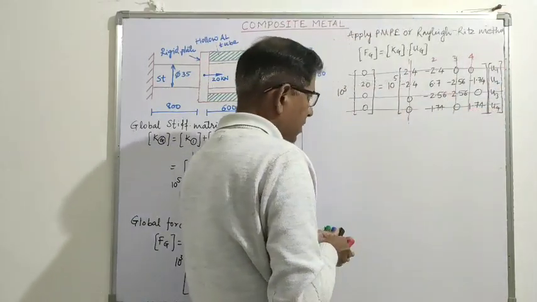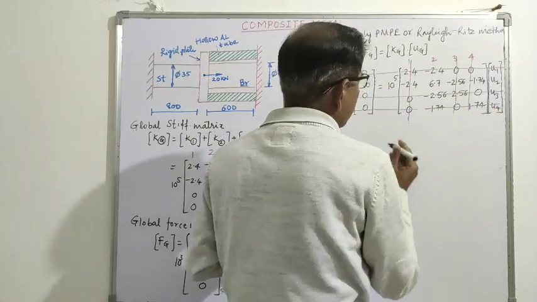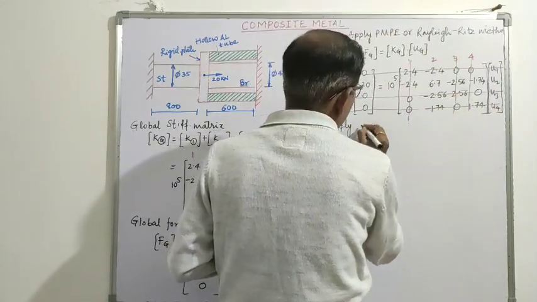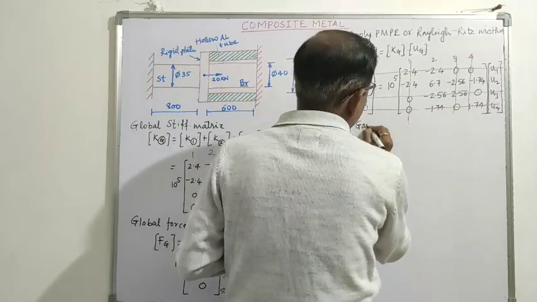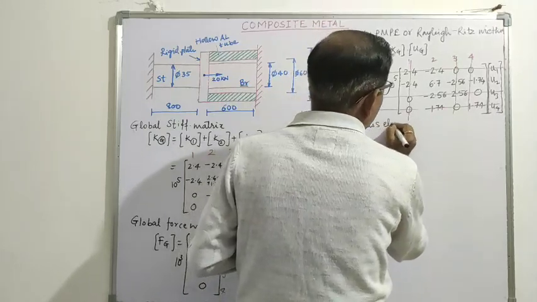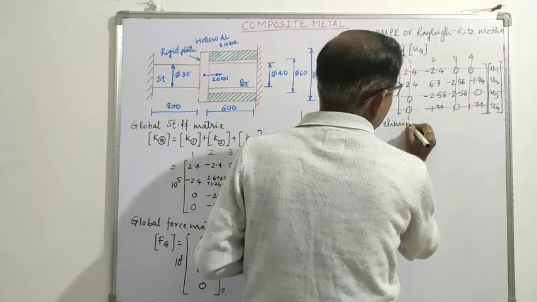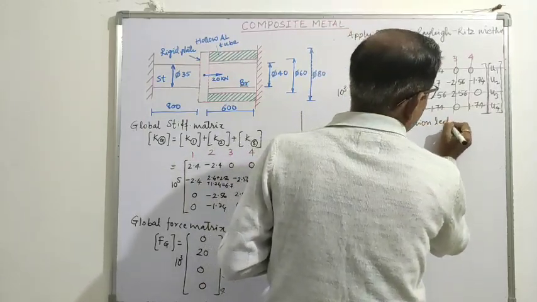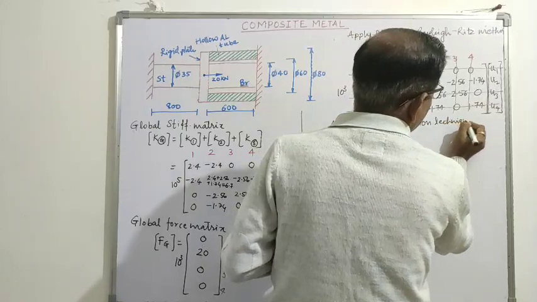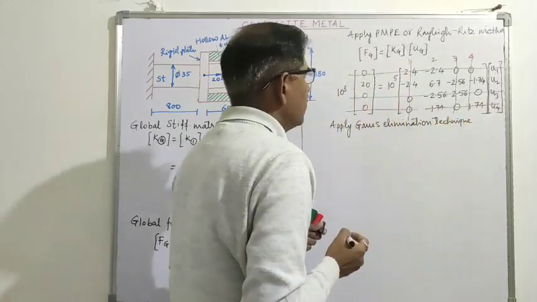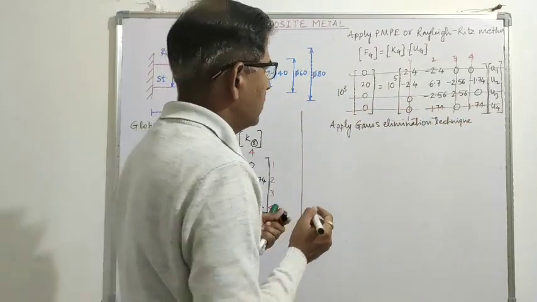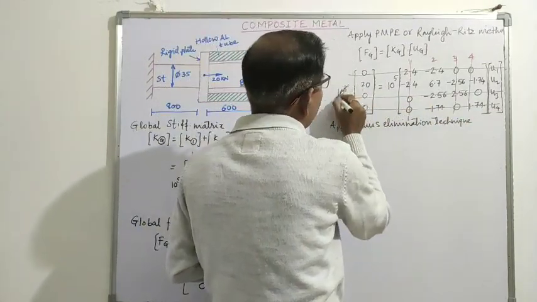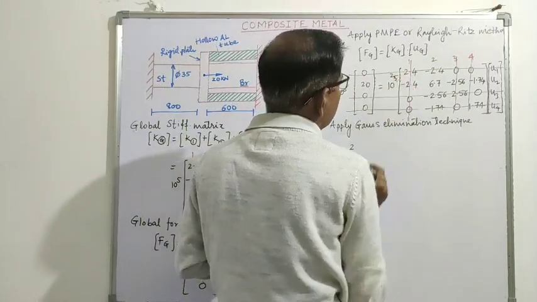So by applying Gauss elimination technique, this matrix is reduced as, see, 10 to the power 3 is cancelled.